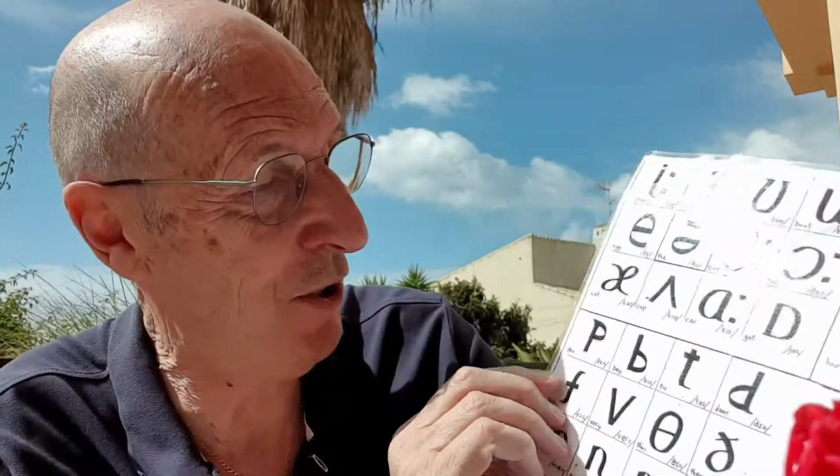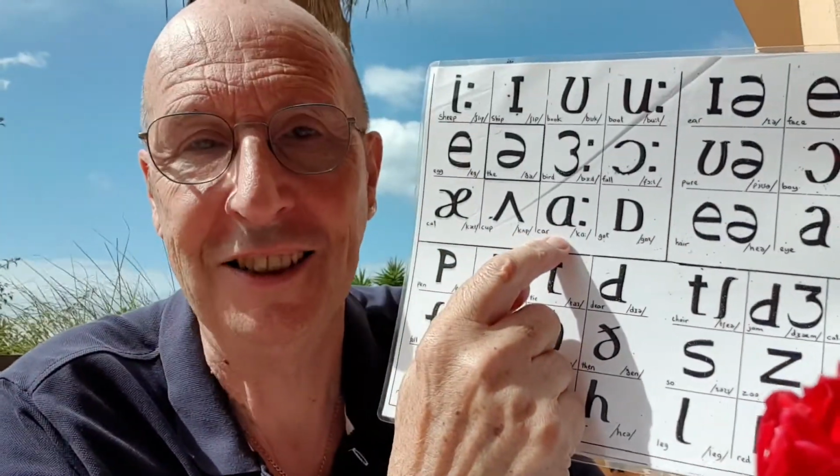And of course, American English is slightly different, as you would expect. They use the a sound for both: can, can't. But in British English, it's can and can't.